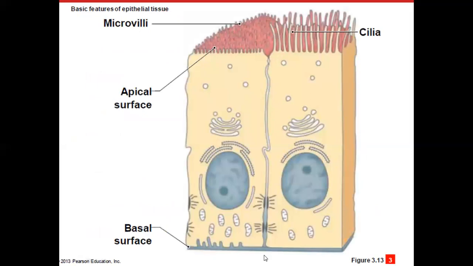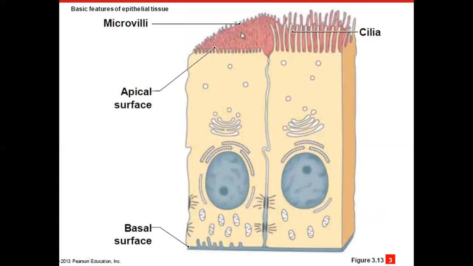So here's an example of epithelial cells that collectively make up this type of epithelial tissue. The apical surface is the free surface. Nothing is attached here, right? On the basal surface, the opposite side of the cell, underneath here would be some kind of connective tissue. So this basal surface is where epithelial tissue is anchored to the tissue below it.